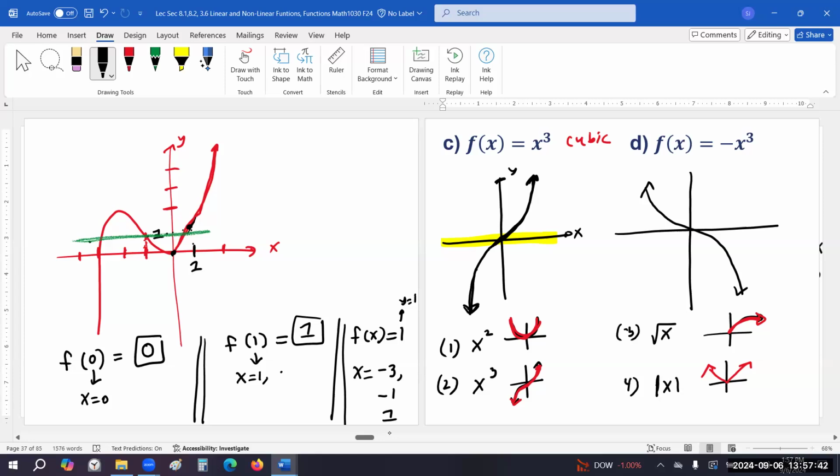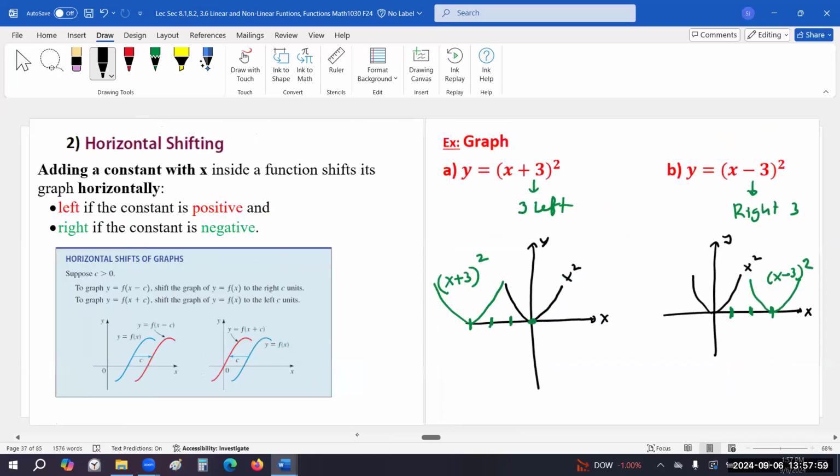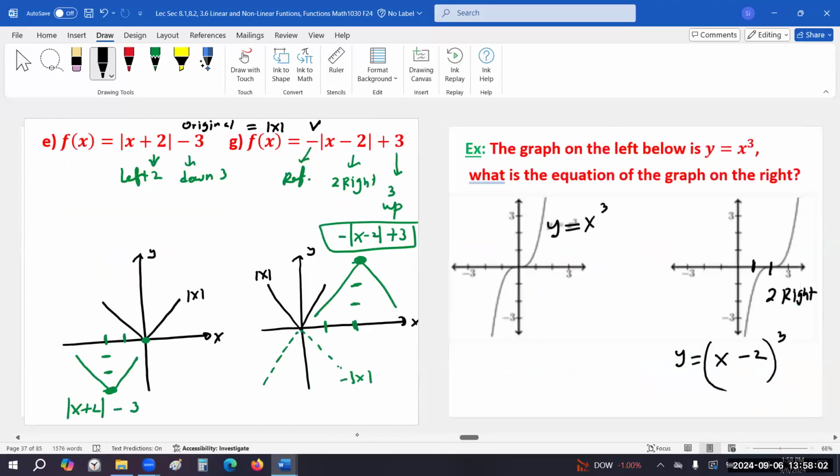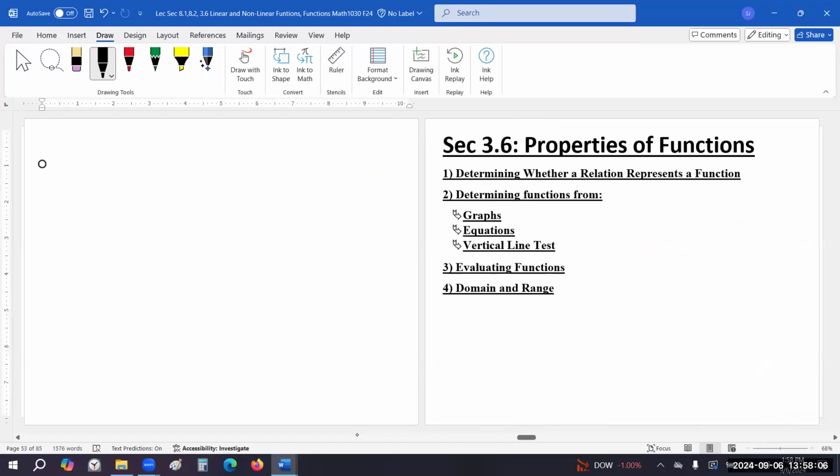Okay, so we're done with 8.1, 8.2. Now we do the homework. Cover the homework and do the quizzes also. We'll start section 3.6, but I'm not going to go into details. I'll just tell you briefly what it's about. Your next class's in-class quiz will be based on transformation and the thing we just did.